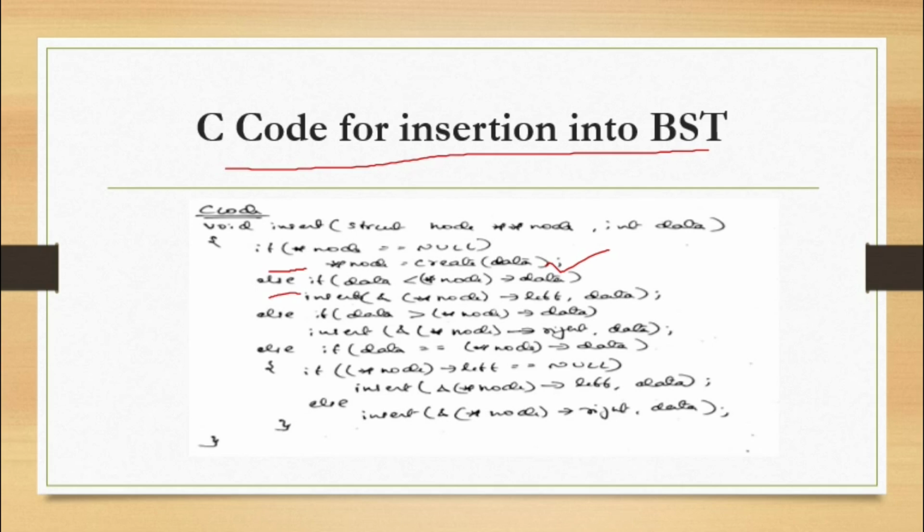If the data coming in is less than node's data, then you call the insertion function and go to the left. If the data is greater than node's data, then you go to the right. And if it's equal, then you check whether the node's left is null. If it is null, you insert the data into the left, otherwise you insert the data into the right.